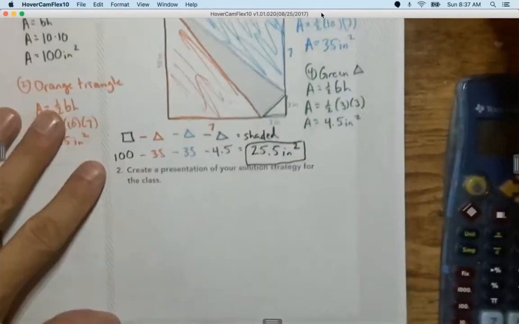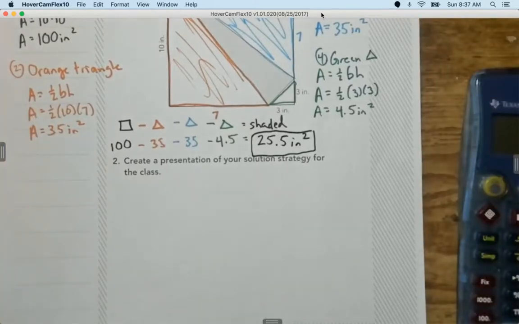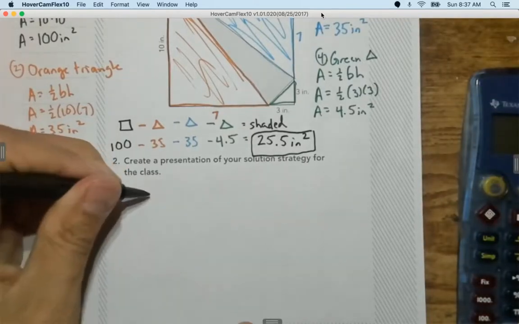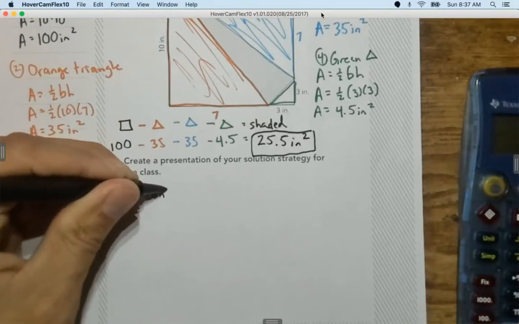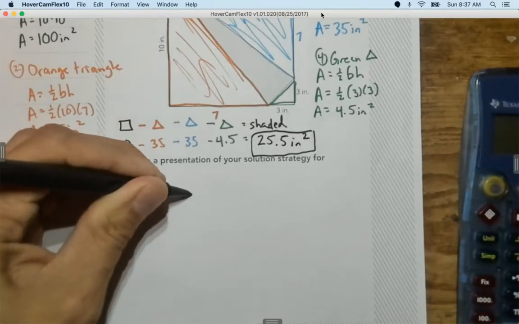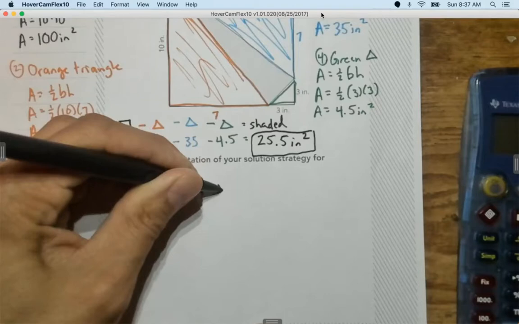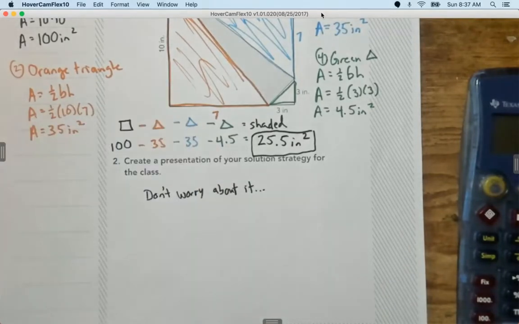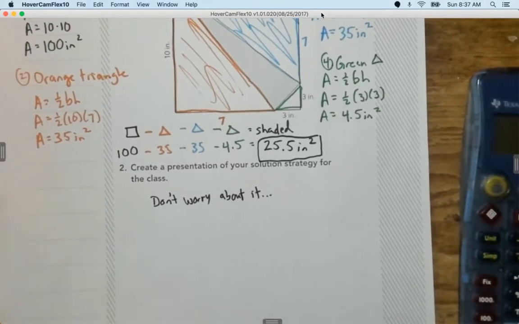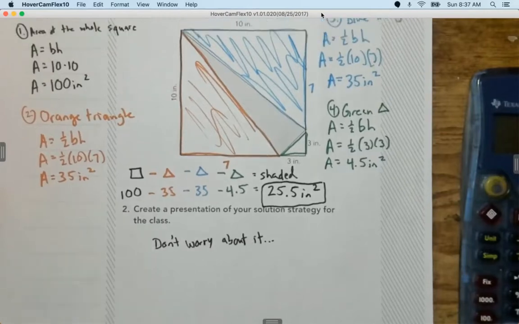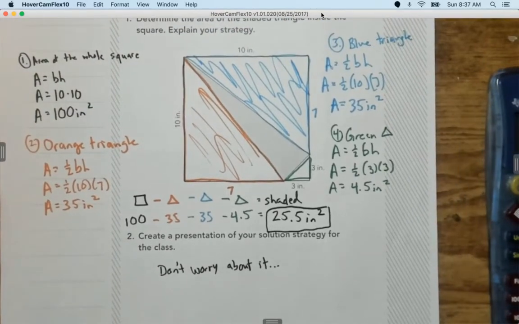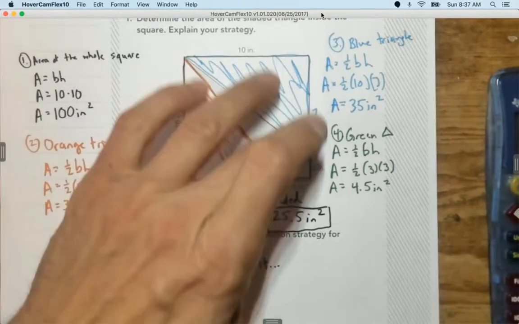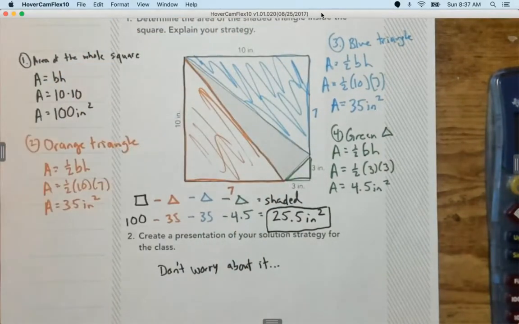If I had to create a presentation, which no one asked about, I would have said, don't worry about it. Because what I would do is I would have a few slides. I'd do this as a slideshow. And the first slide would be the original thing. Then I would show just the 10 by 10 square and me figuring out the area for it.